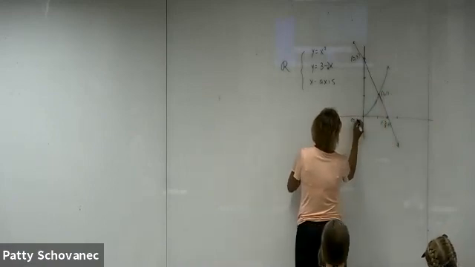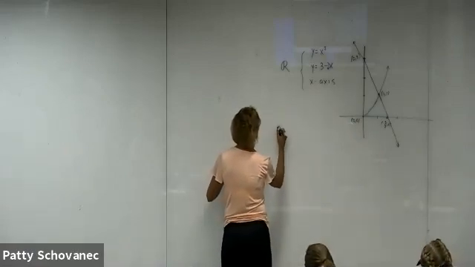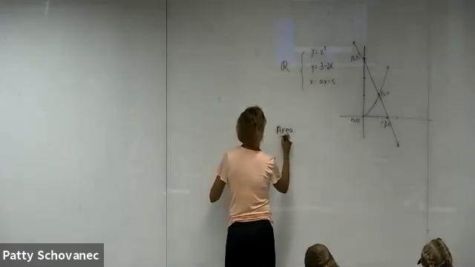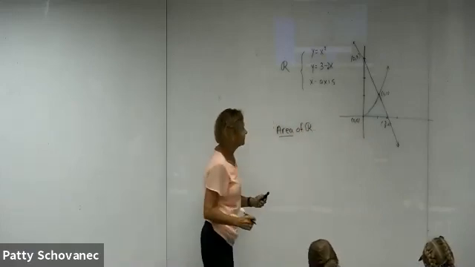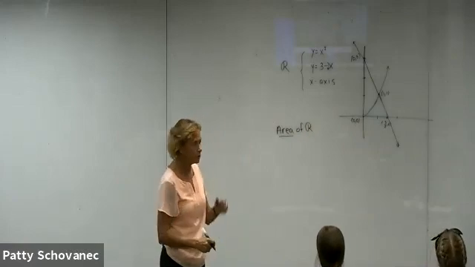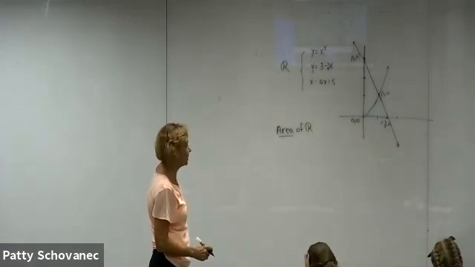That's the ordered pair 0, 0. So how would you find the area of this region? In section 6.1, 2 integrals, dx integrals from 0 to 1 and then 1 to 3/2.